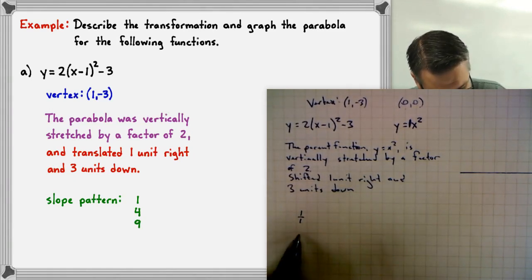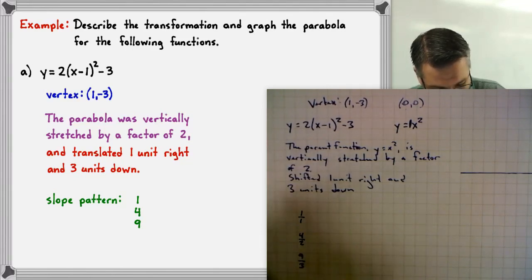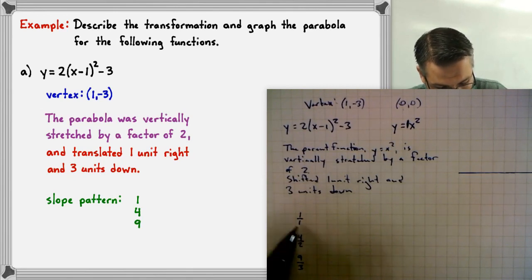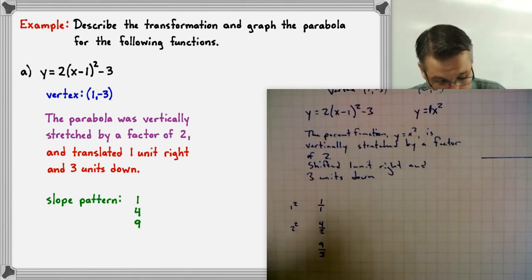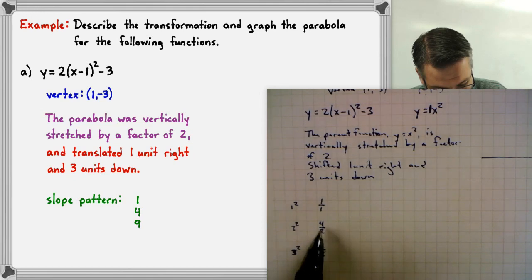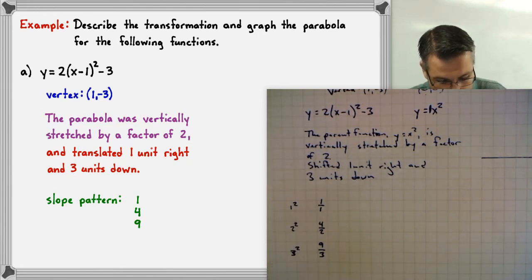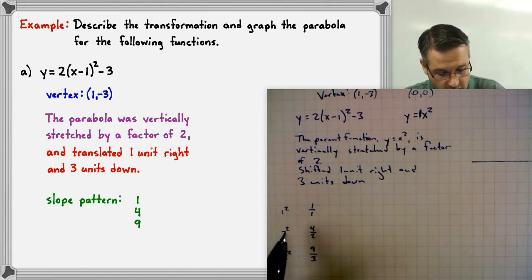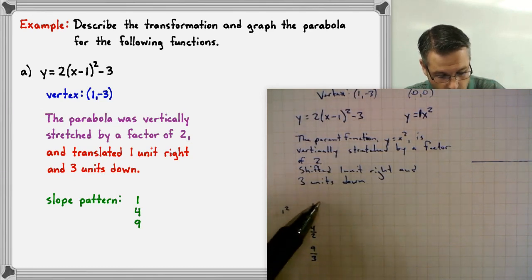And then the 4 means 4 over 2, and the 9 means 9 over 3, because we're taking the denominator and squaring it to get the numerator. Same thing on the bottom one here. So 3 squared is 9, 2 squared is 4, 1 squared is 1. We can continue on in that pattern if we'd like.